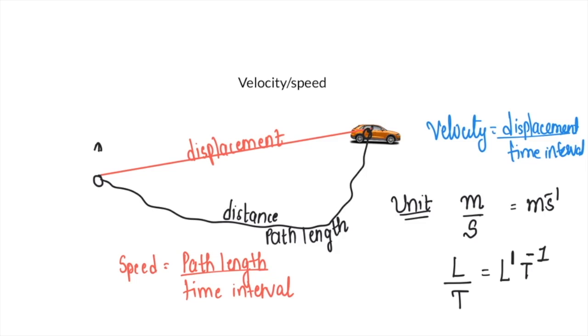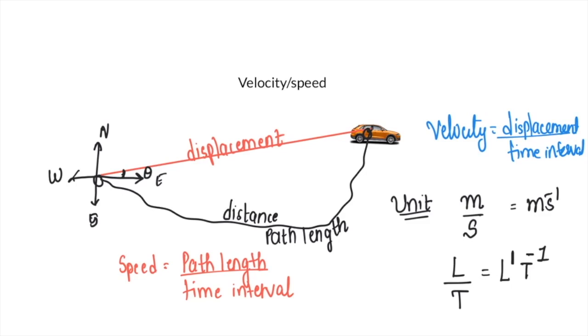Here, displacement has a direction, that is theta from north, east, south and west. Then the car is moving at an angle of theta with respect to east.